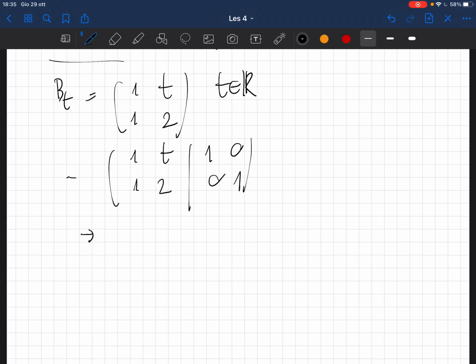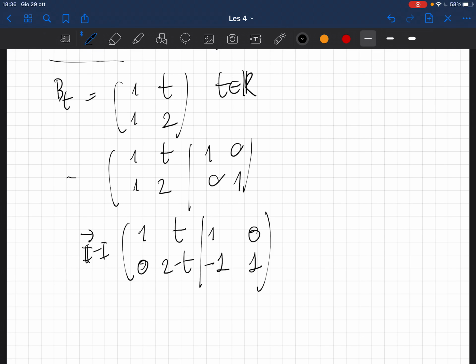We just subtract the first. So this is 0, this is 2 minus t, this is, be careful, minus 1 and 1.